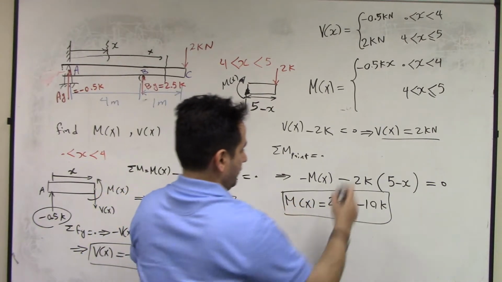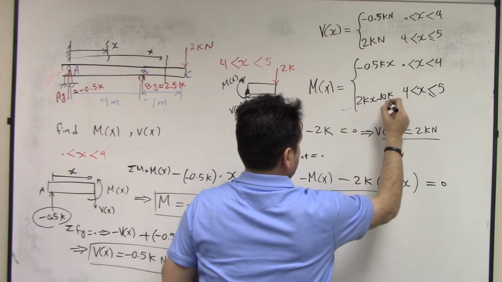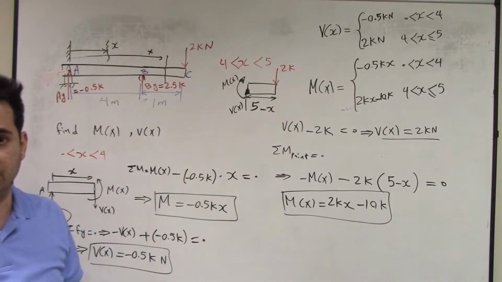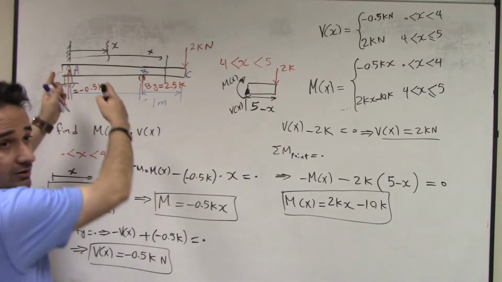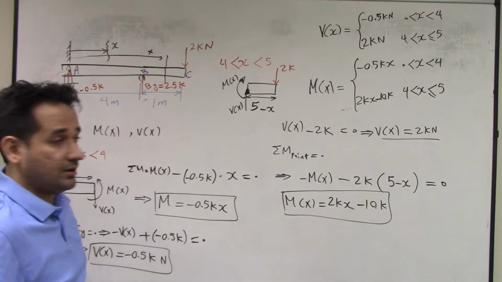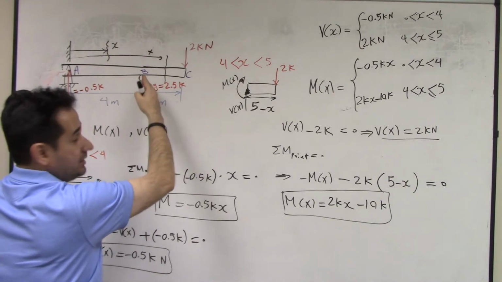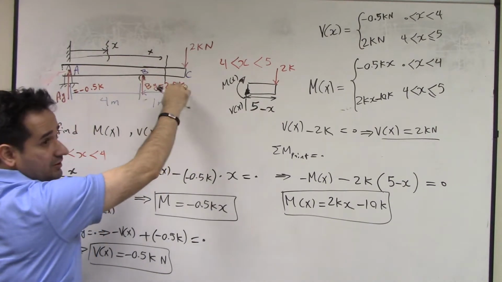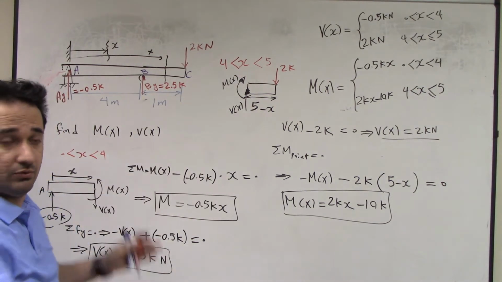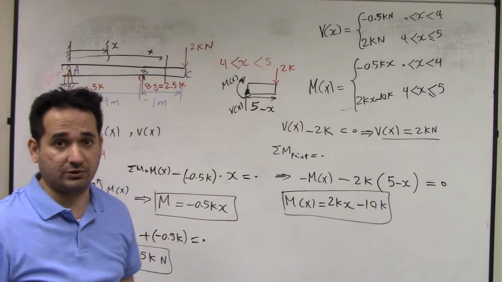The moment was 2Kx minus 10K. So those are my shear and moment equations using the conventional method we did in mechanics of materials, interval based. Now this is not too hard. Now imagine if you had multiple reactions here, or different kinds of loading, then that would be a mess to do all these separate intervals, right? To write all this piecewise continuous function.